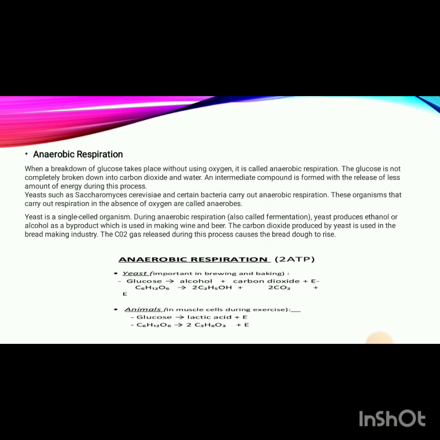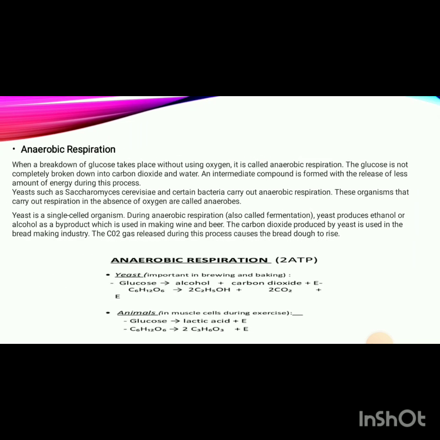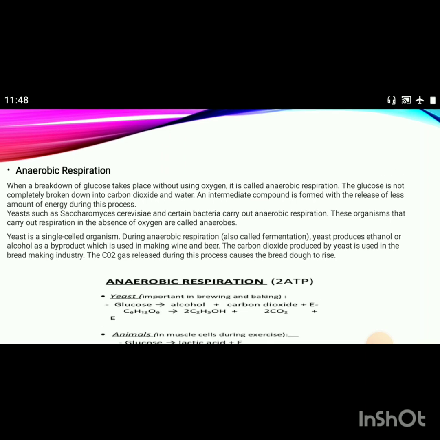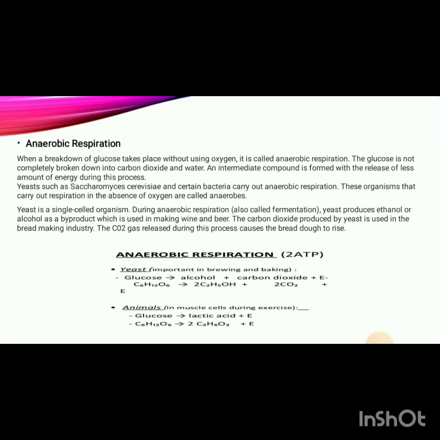Okay. Now the second is anaerobic respiration. When a breakdown of glucose takes place without use of oxygen, it is called anaerobic respiration. And the glucose is not completely broken down into carbon dioxide and water. An intermediate compound is formed with the release of a smaller amount of energy during this process.